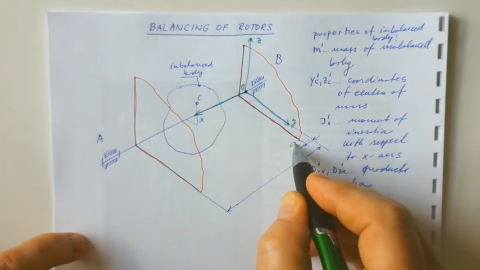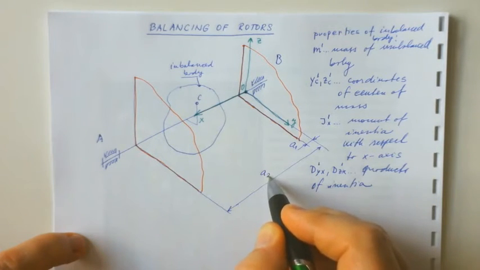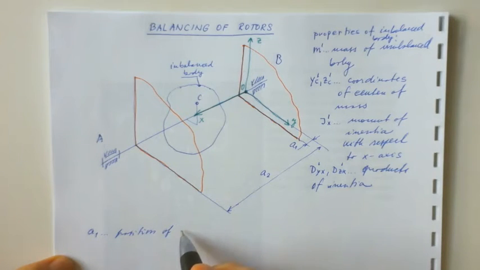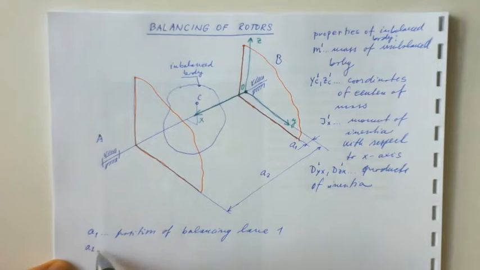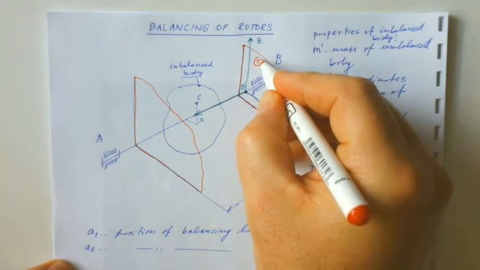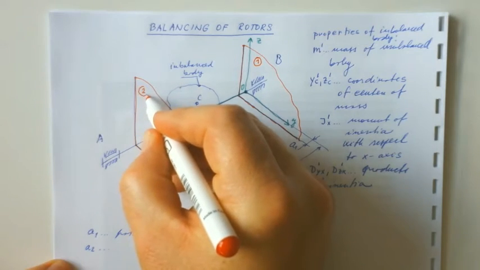A1 is the position of balancing plane 1, and A2 is the position of balancing plane 2. So this is balancing plane 1 and balancing plane 2.